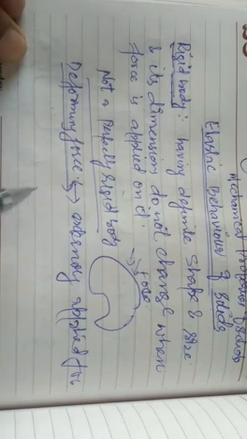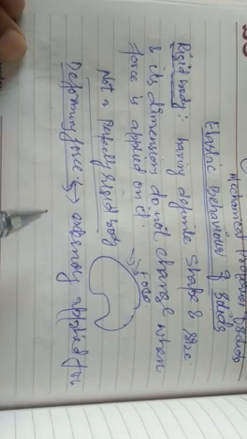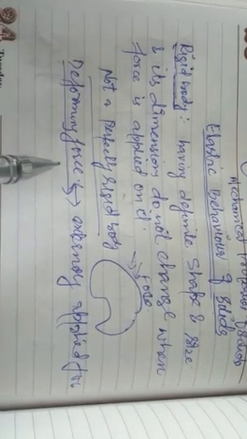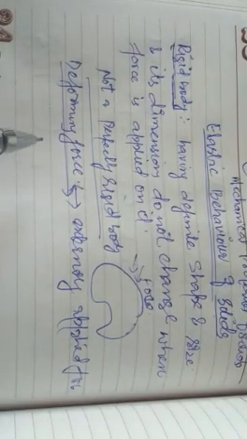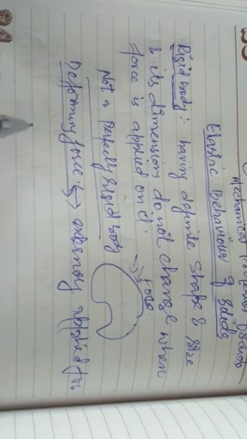The deforming force causes the deformation first, and then the body comes back. Such behavior of materials, due to which they get slightly deformed on applying external forces and regain their original configuration, is called the elastic behavior of solids.